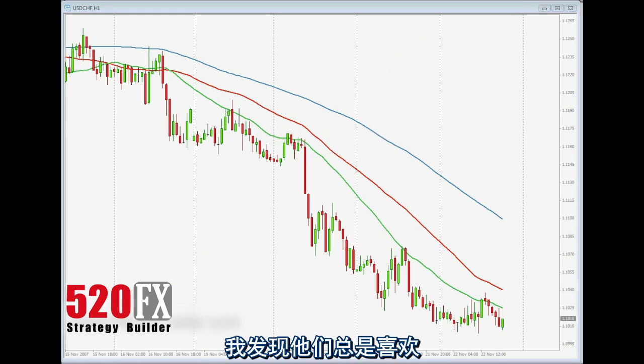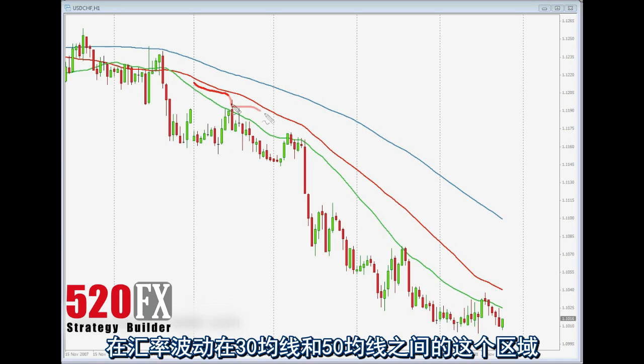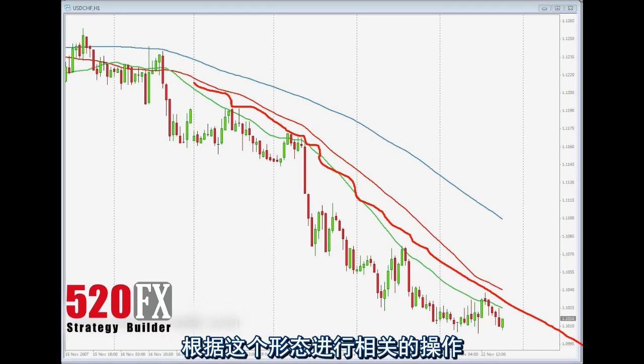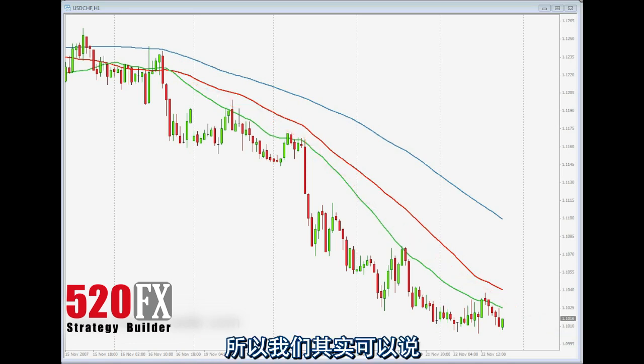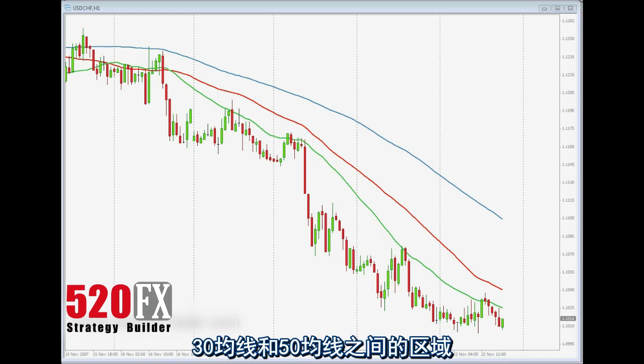And I know for a fact that they do like to keep an area on these retracement areas, around the 30 and the 50 simple moving average, to adapt to their position. So let's say that the area between the 30 and the 50 moving average is a decision taking area.